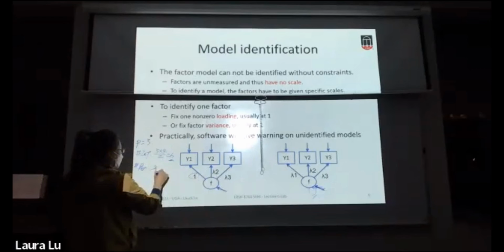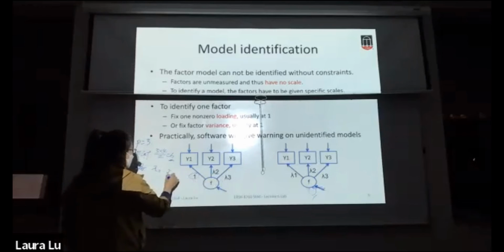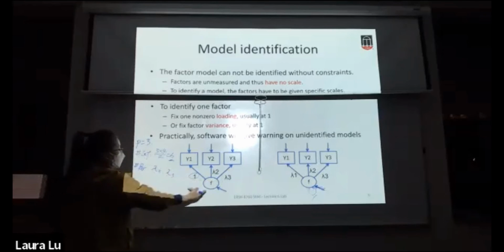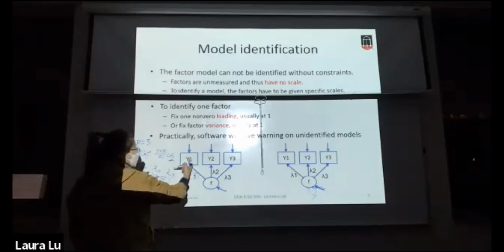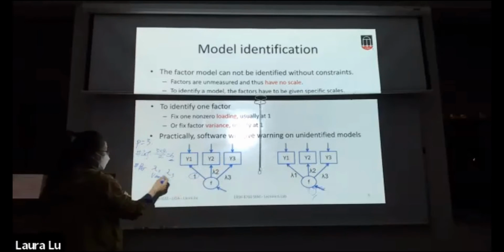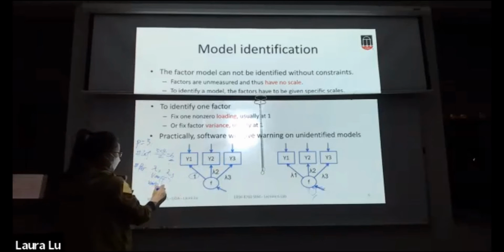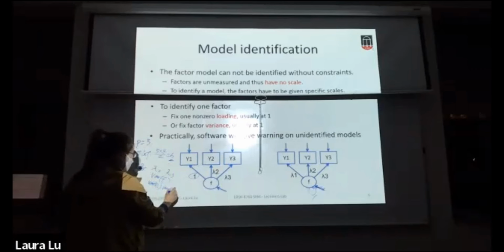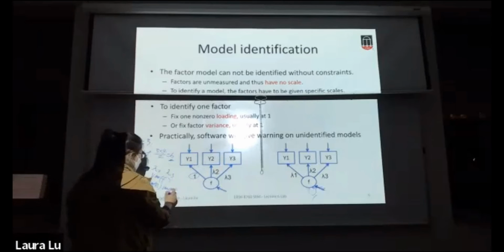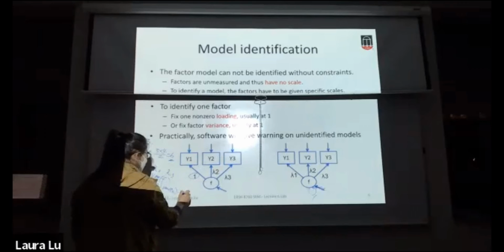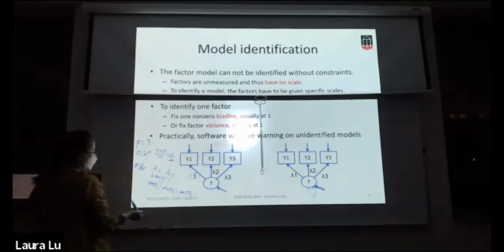We need lambda 2, lambda 3, the variance of F, which is one parameter, and also 3 residuals: the variance of the residual of Y1, of Y2, and of Y3, the unique factors.